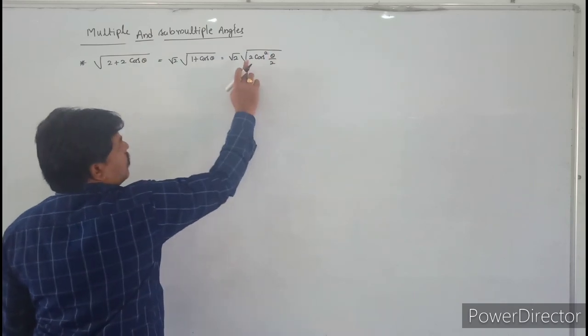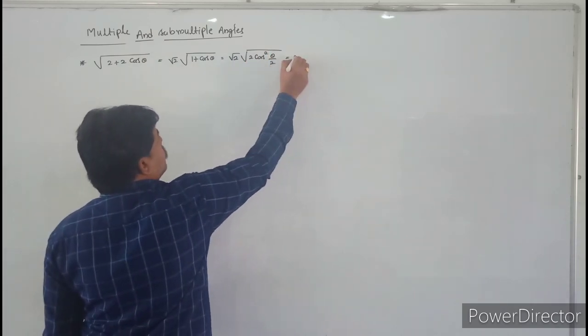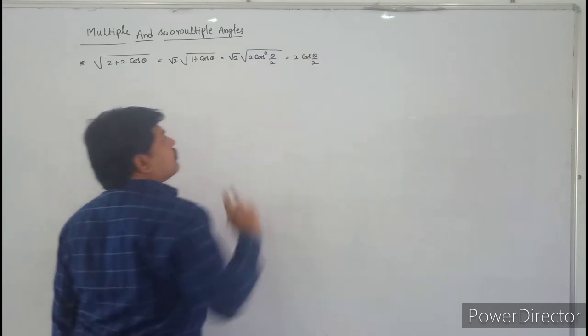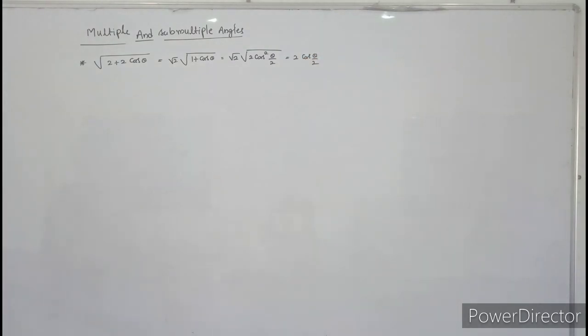So root 2 into root 2 becomes 2, the square and the root are cancelled, and it becomes 2 cos theta by 2. Yes or no?